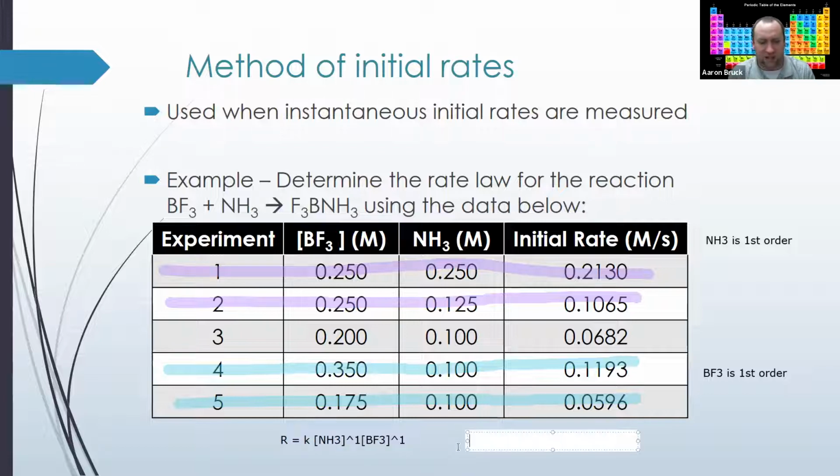And we also say that the reaction is second order overall, since the orders 1 and 1 would add up to 2 overall. So that's what the method of initial rates is all about.